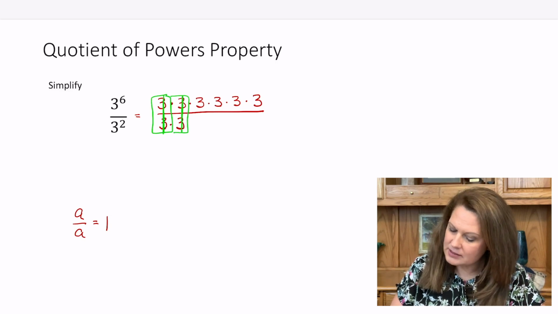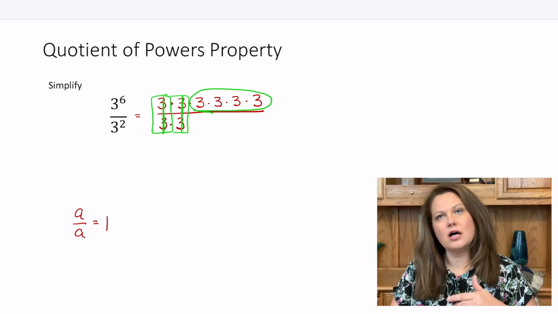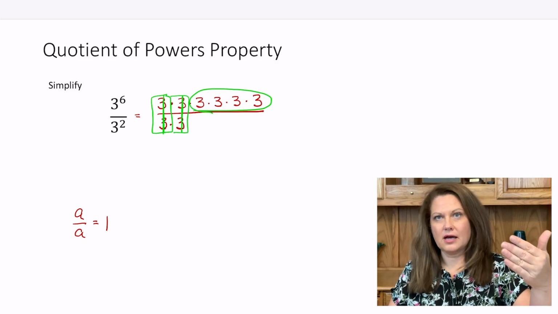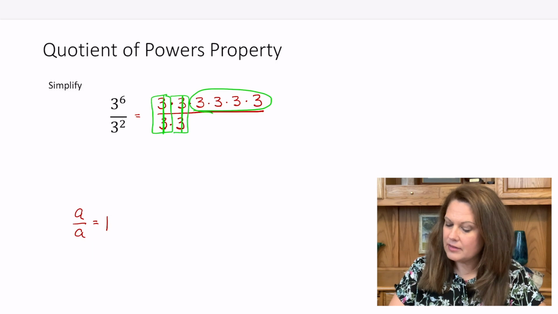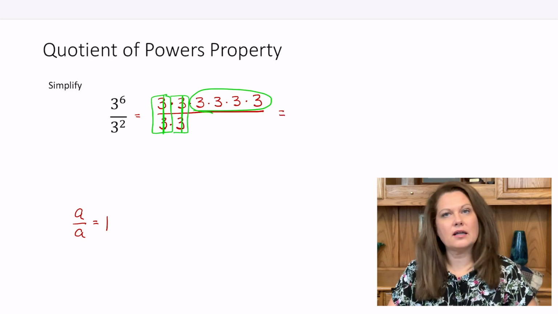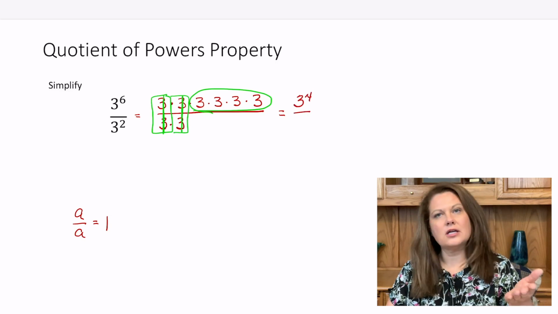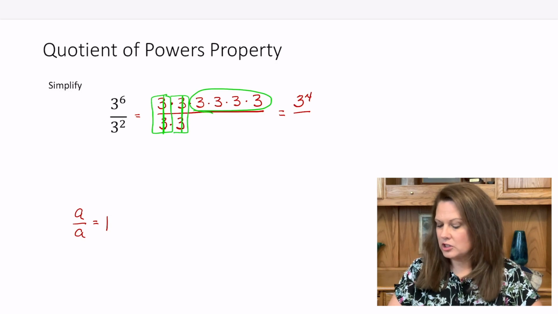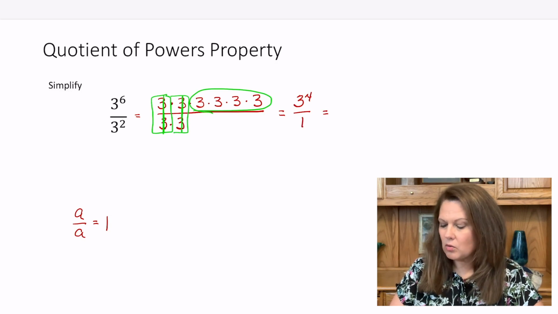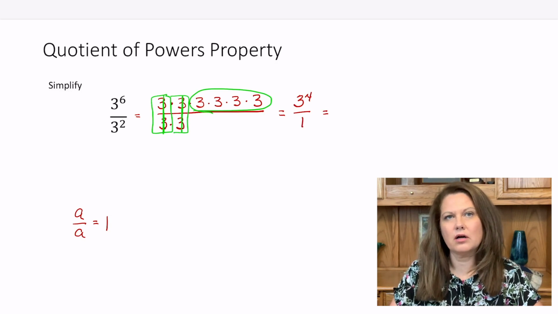So if you'll notice, I have 4 3's left. You'll also notice that they're in the numerator's position, and that's going to become a factor in later work with exponents. So that's going to be 3 to the fourth power. In our denominator, we have 1 times 1, which is 1. So our answer is 3 to the fourth power over 1.